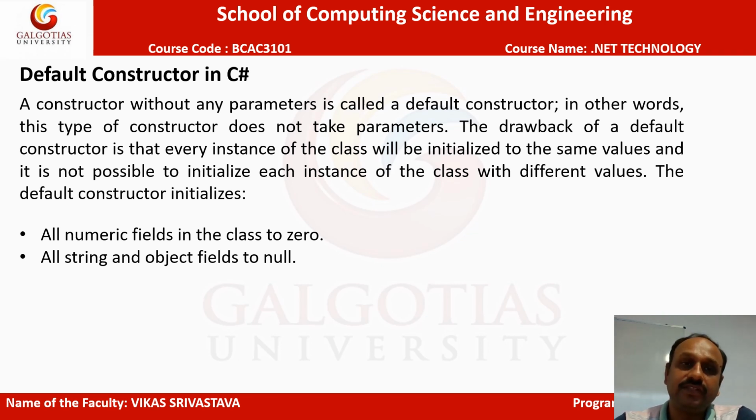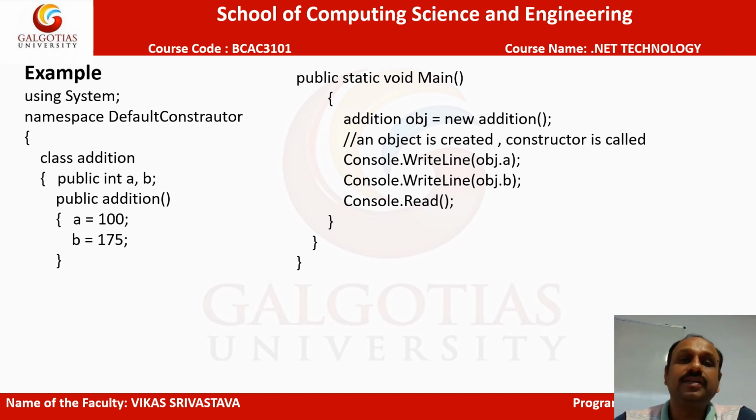Let's have an example of this default constructor. Here you can see that there is a class Addition, and it has an Addition method which can be treated as a constructor because it has the same name as the class name.